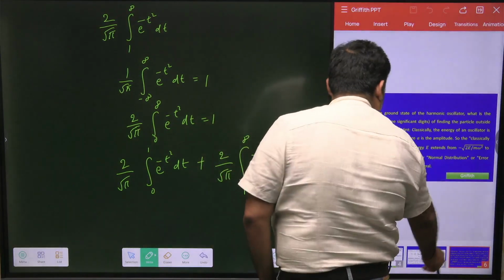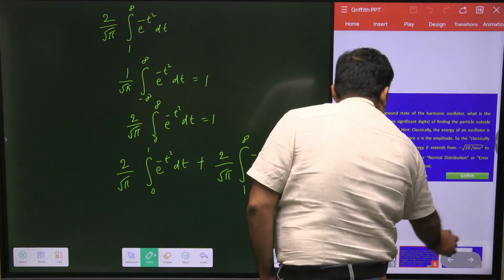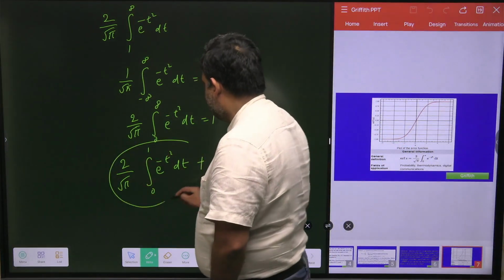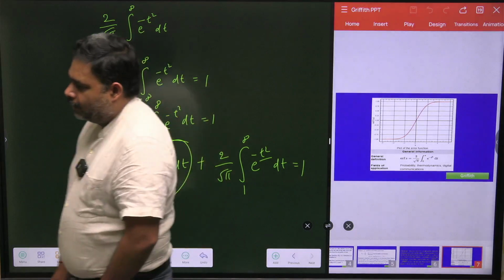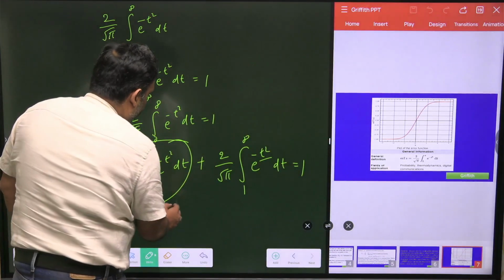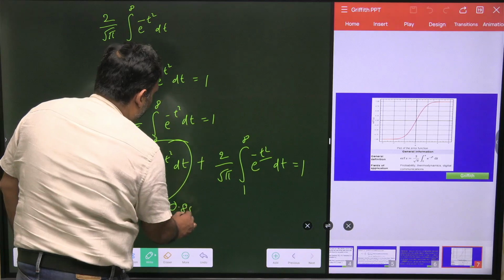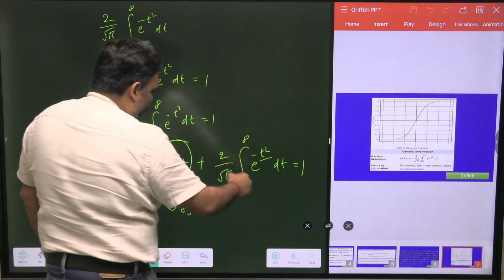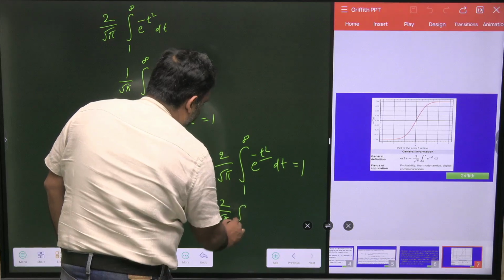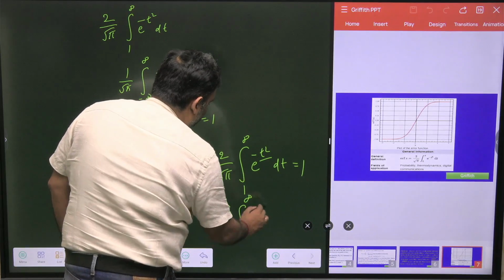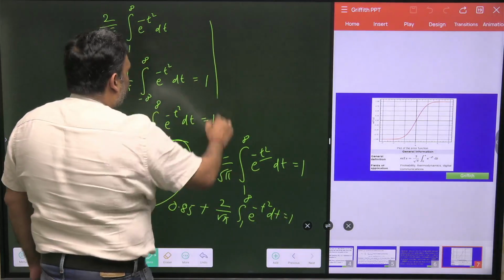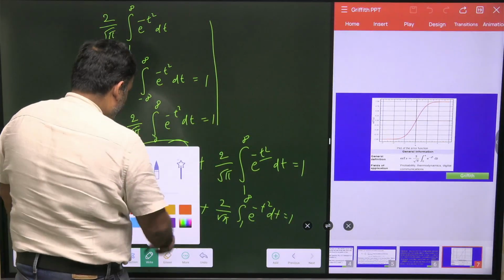And you can check from the error function. From this particular graph, this value is equal to 0.85, plus we have to calculate this value.